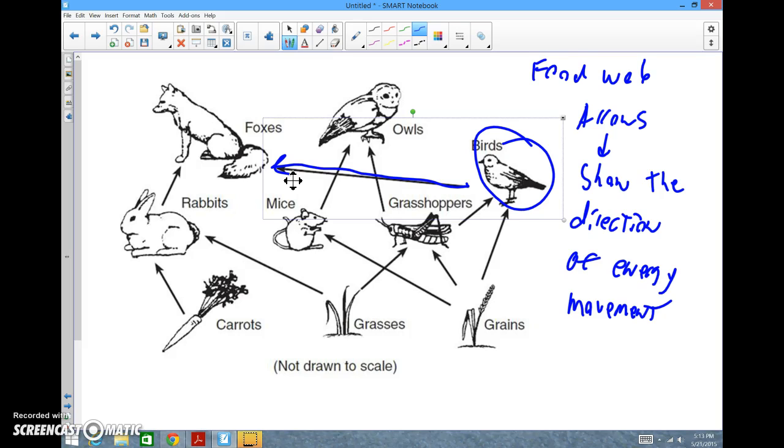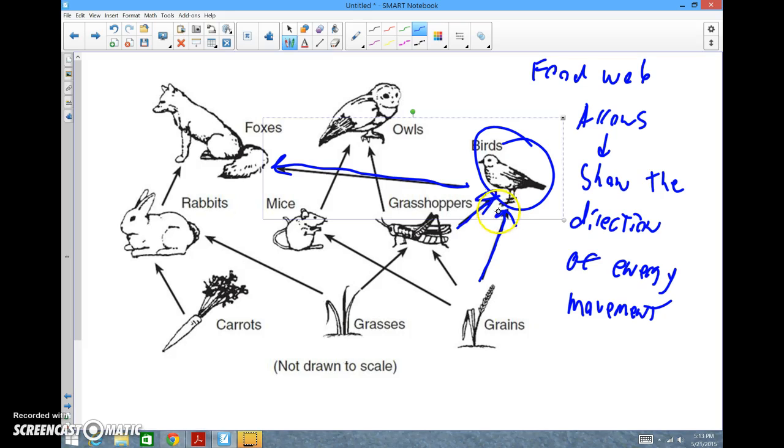That's what the arrow is showing me. That means that the bird is eaten by the fox. Energy flows from the grains to the bird. That means the bird eats grains. Energy flows from the grasshopper to the bird. That means the bird eats a grasshopper. Okay? That's what the arrows tell us.